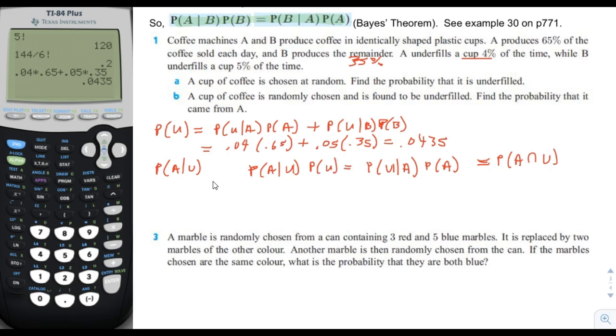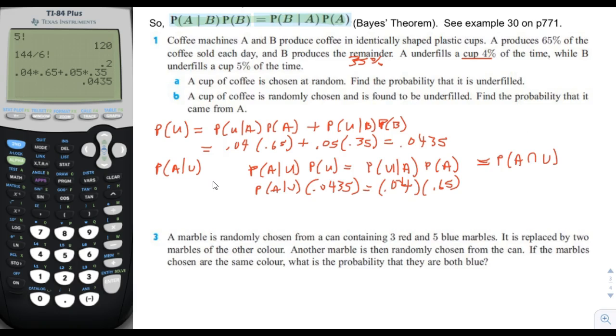Okay, so the probability that it's underfilled, we already know it's 0.0435 because we just calculated that, and it's no accident that they asked us to calculate that. They're actually being nice to us. They're telling us what to do. The probability it's underfilled given that it's coffee A, we already know that it's 0.04. The probability that it is A is 0.65.